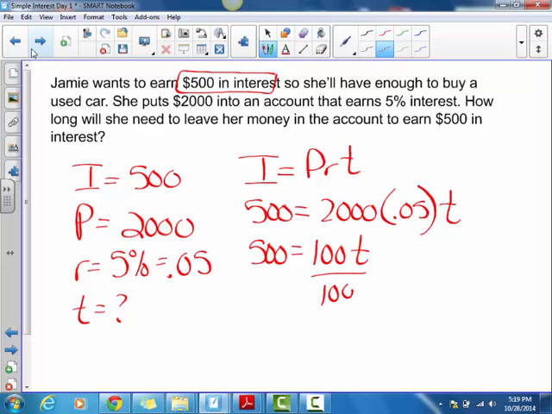Now we learned that we divide both sides by the number attached to the variable, so I'm going to divide both sides by 100. T equals 5. So she will need to leave her money in the account for 5 years.